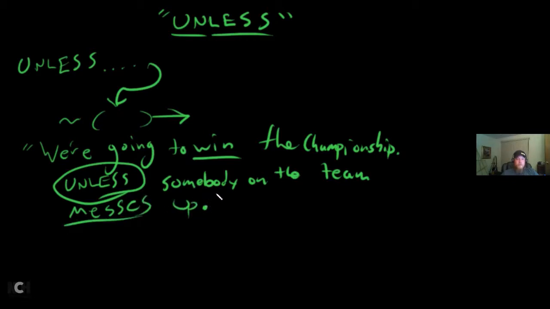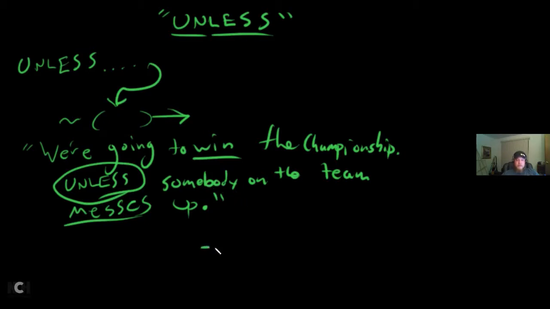There we go. We're going to win the championship unless somebody on the team messes up. So, what we do is whatever follows the phrase unless, even though it's a word, goes on the left side of an arrow with a squiggle in front of it.